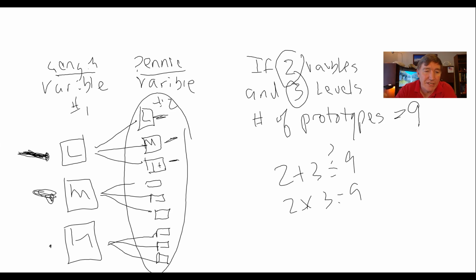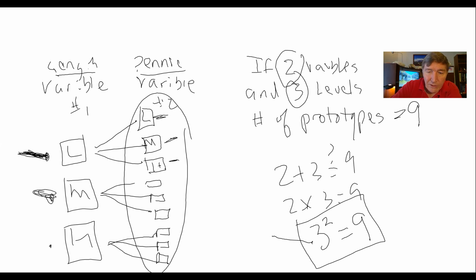Nobody wants to suggest anything? Okay, 3 squared. Very good, Jared. Good for you. So if I say 3 raised to the 2nd power, that would be 9. So this is the formula that we're going to use.